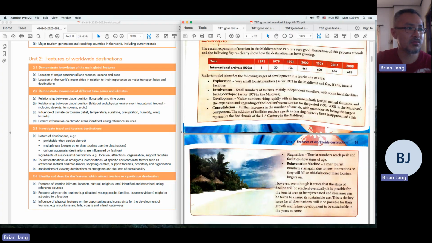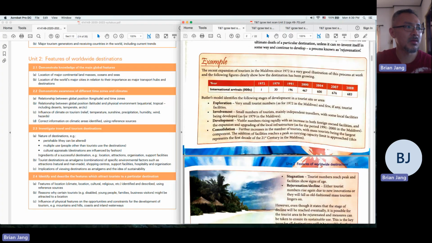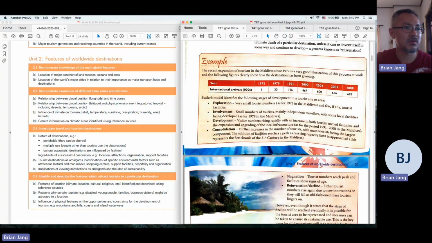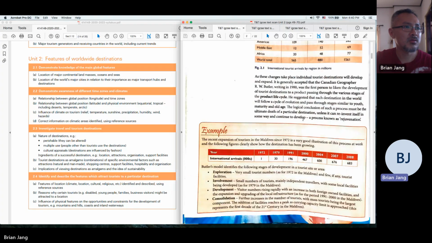There's a graph that you might have seen before, but it's not here. The first stage is exploration, second is involvement, and so forth, as you can see on pages 50 and 51. This product life cycle explains tourist destinations.